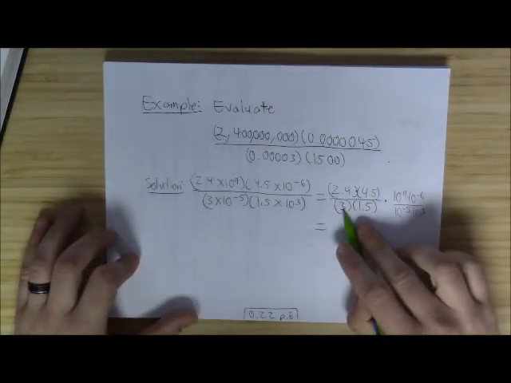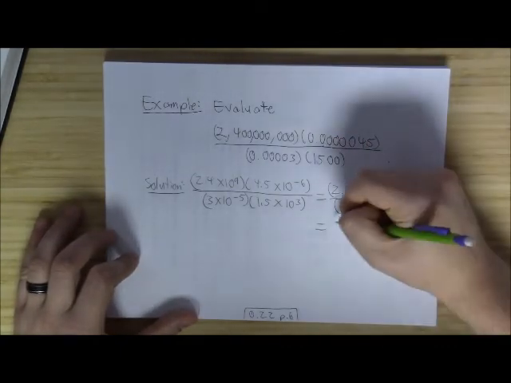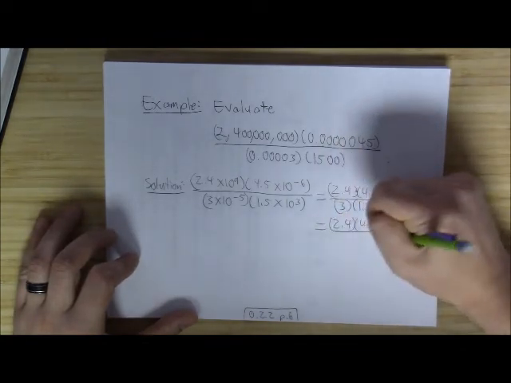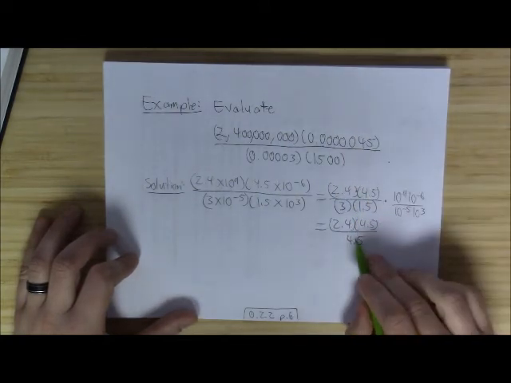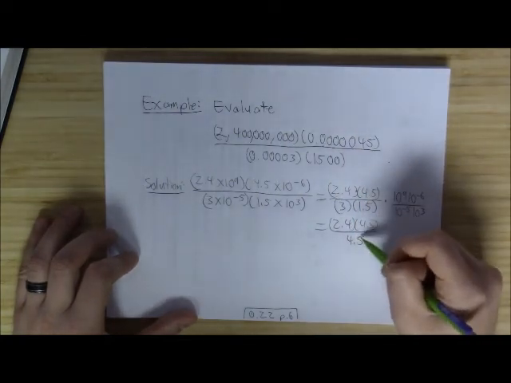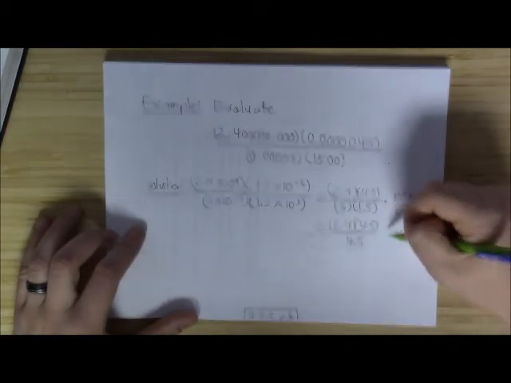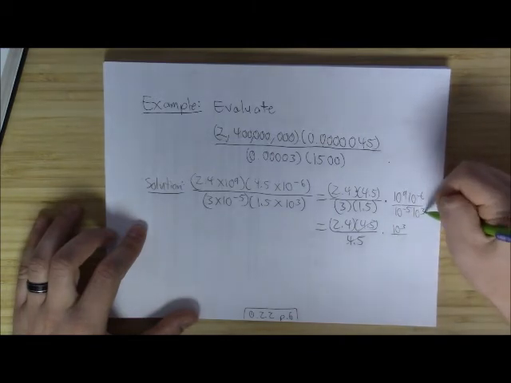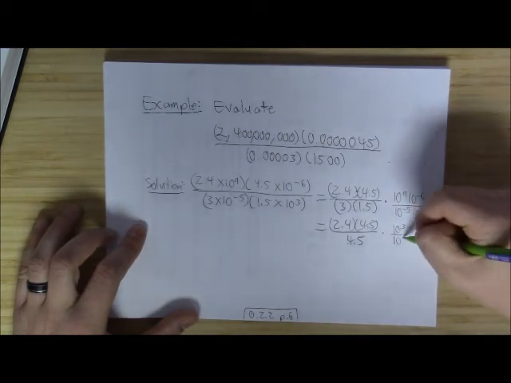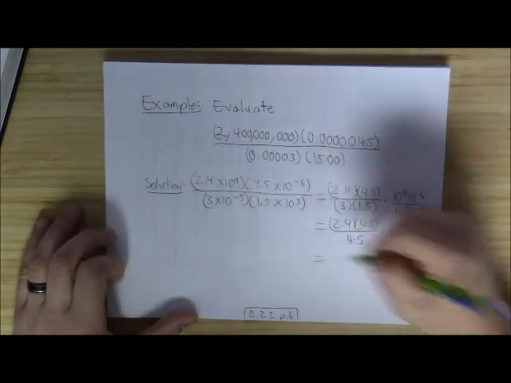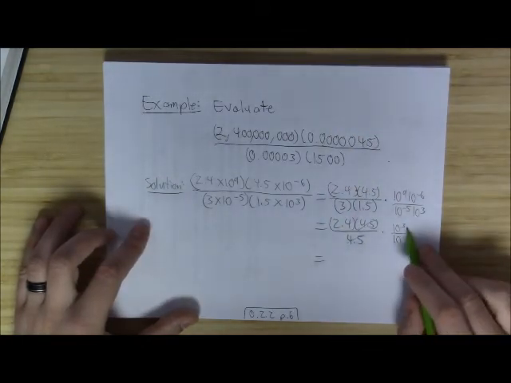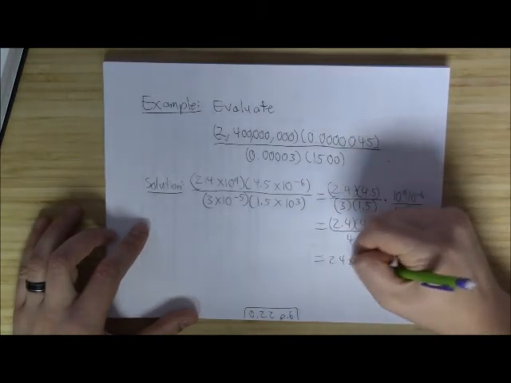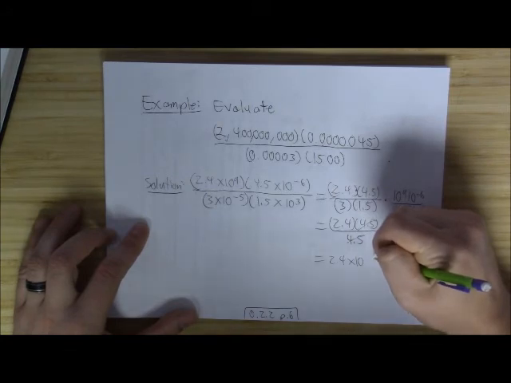Here it's helpful to note that 3 times 1.5 is 4.5. Just a little computational trick, because now you'll be able to cancel those as it's a multiplication with a division. This will be 10 to the 3rd on top. This will be 10 to the negative 2 on the bottom. But we know that when we put that up in the numerator, we'll add the exponents. So this will be 2.4 times 10 to the 5th.